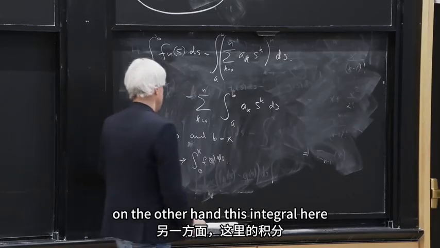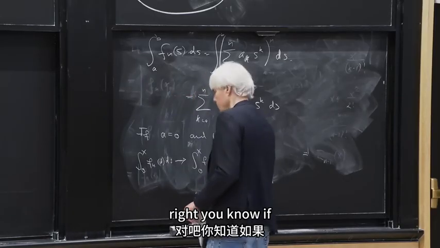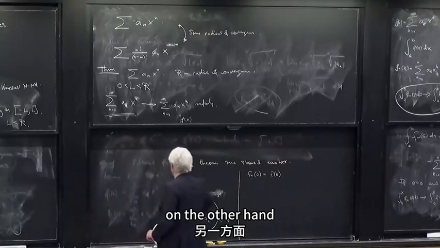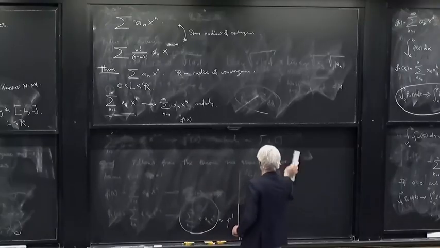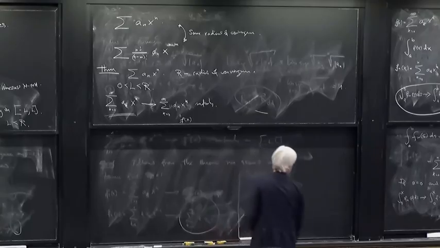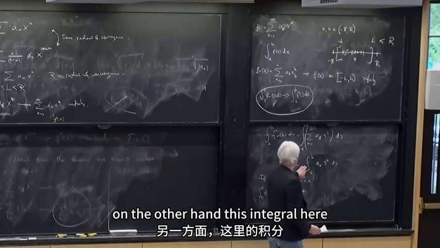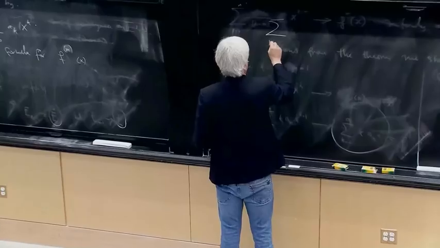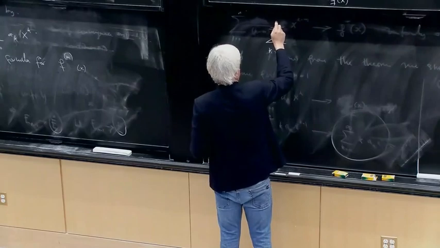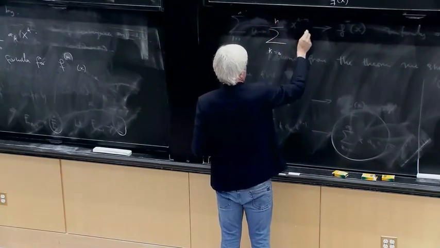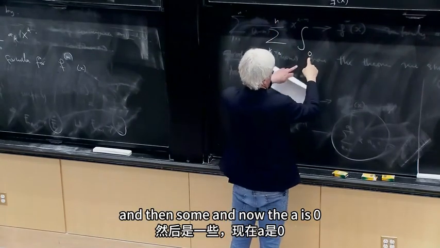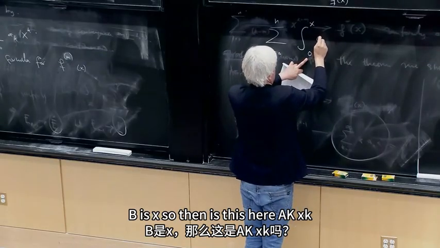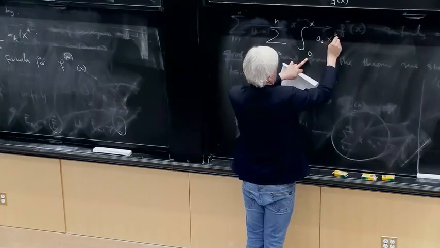On the other hand, if you're looking at the sum here, and now a is 0, b is x, then it's this here, a_k x^k.